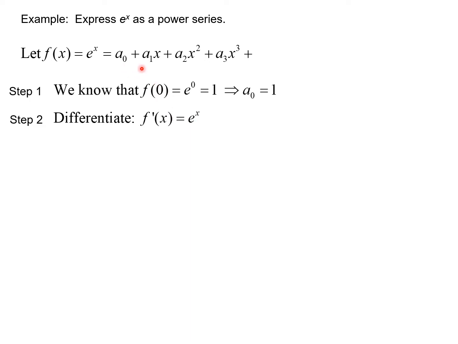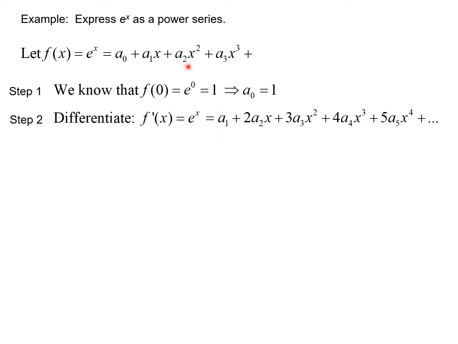Okay, and then when we differentiate the function on the right that contains a0, a1, a2 and a3, you will obtain this function. So now when you differentiate a0, because a0 is a constant, and we already found the value of it is 1, when we differentiate 1, it will definitely give you 0. Okay, that's why you see a0 is missing from here because it's a 0. When you differentiate a1x, it will arrive at a1.